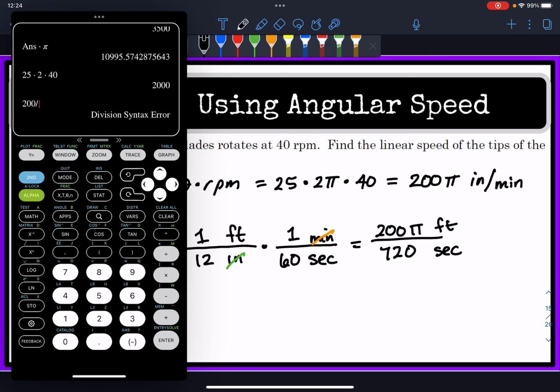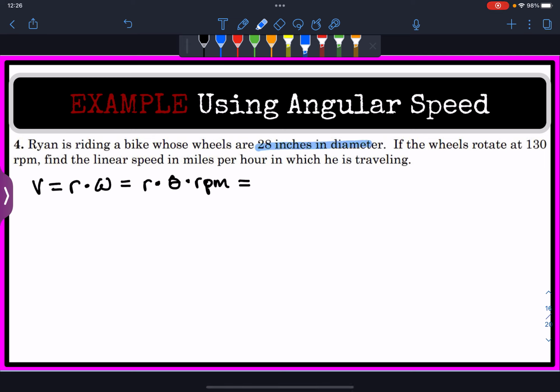So again, the linear speed V equals our radius times omega, which is R times theta times RPMs. So the radius is not 28, that's the diameter. So our radius is half of that, which is 14. Our central angle is always going to be 2 pi, and our RPMs is 130.